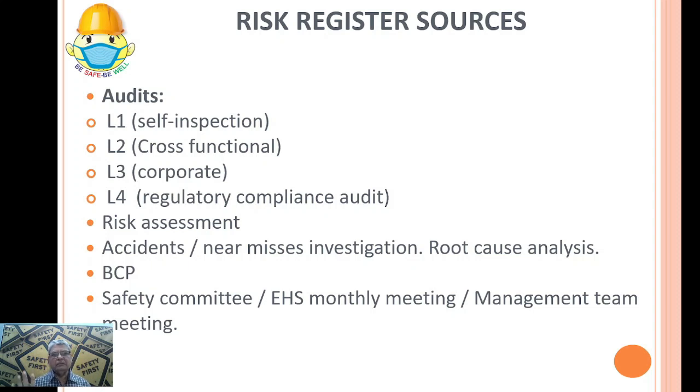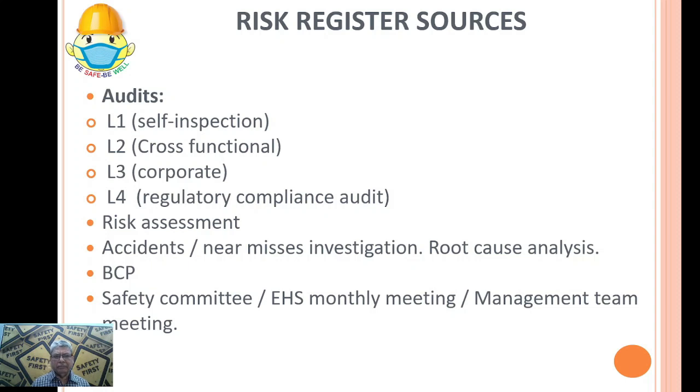If the production audit is to be done at L2 level, then there will not be a production member in the auditor team, but from other departments the members will be there, and they will audit that particular department. There will be outcomes, and they will be jotted down and then escalated to the higher management.